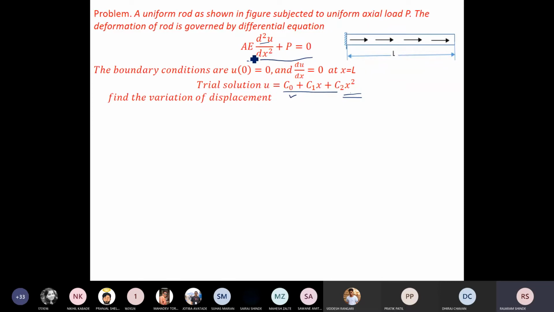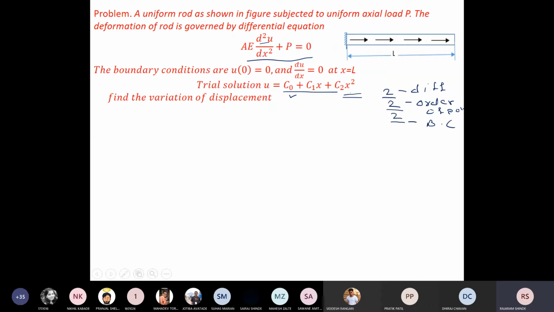It means if you have a second order differential equation, the order of the differential equation is 2, then the polynomial order should be 2 and there should be 2 boundary conditions.